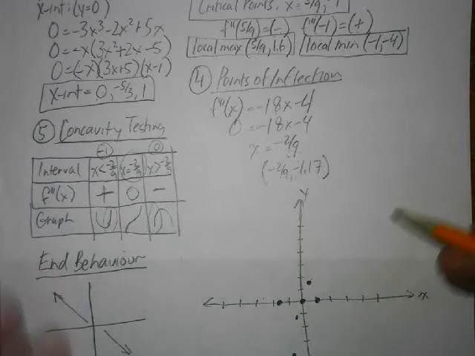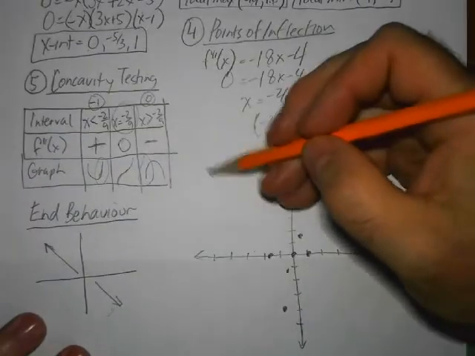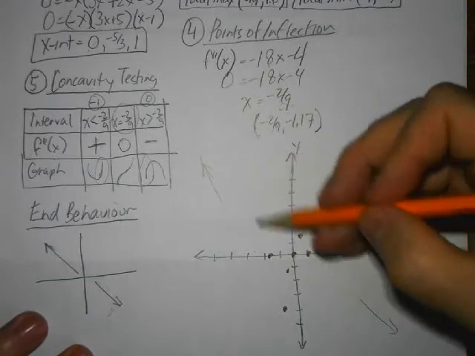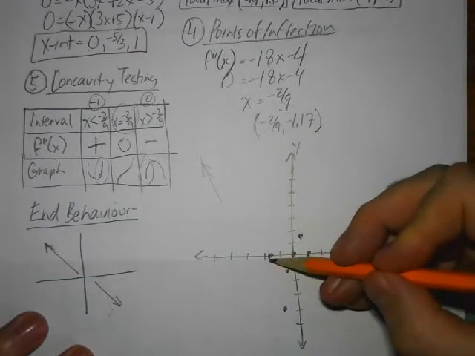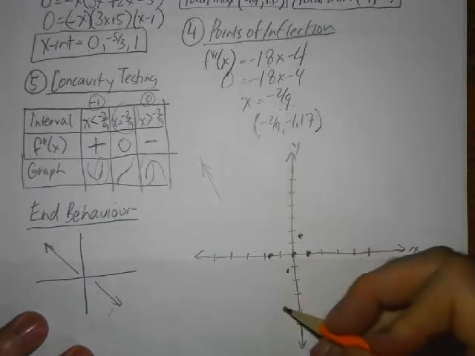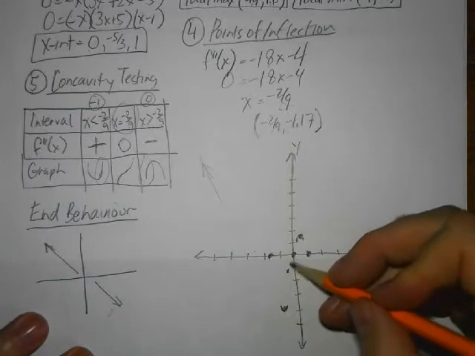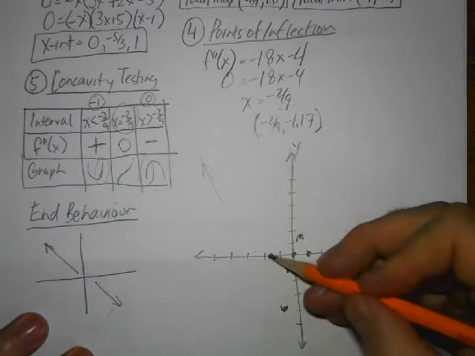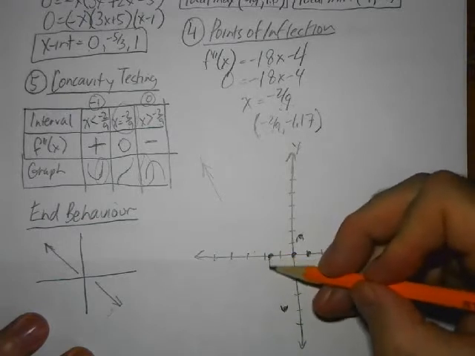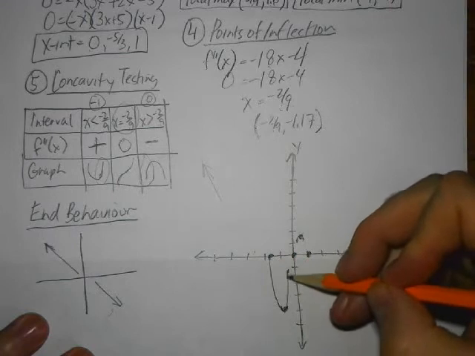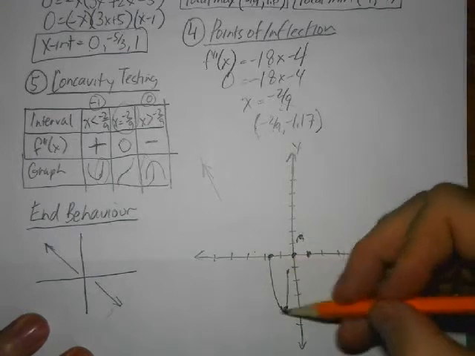In terms of behavior, I'll put my rough arrows there. So I know that I'm coming down from here. I reach, so I'll put a little cup here because that's a local min, and that's a local max. This is a point of inflection. So I know from here all the way up to here, that's concave up.